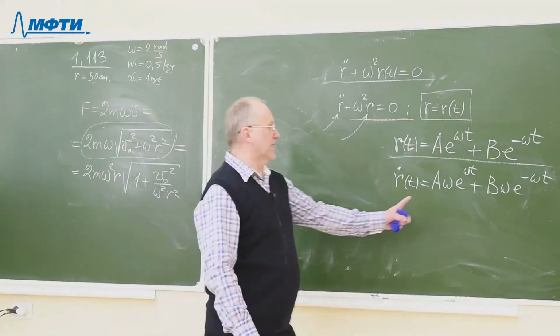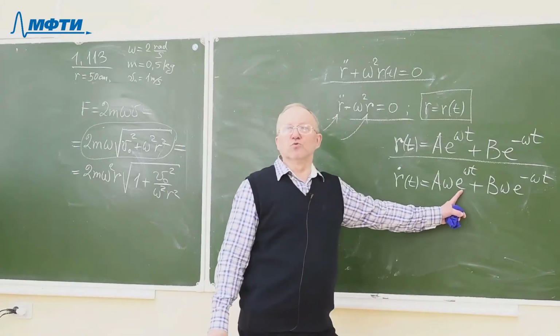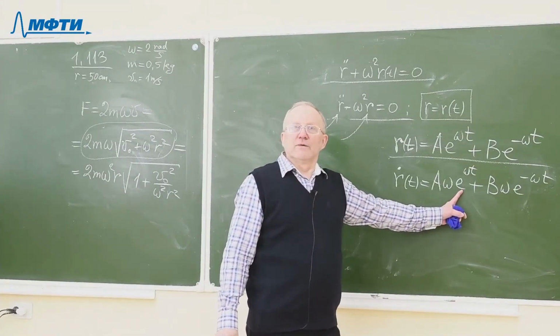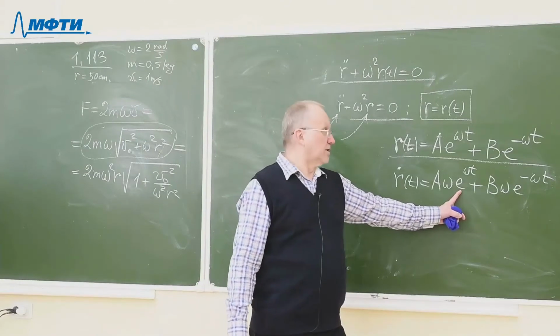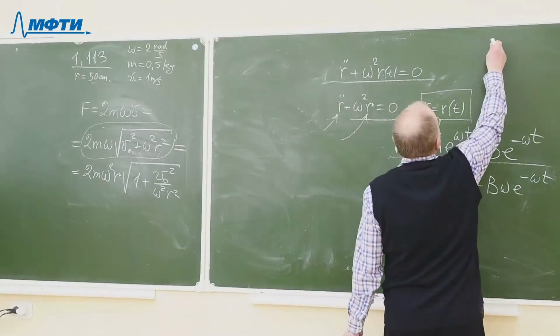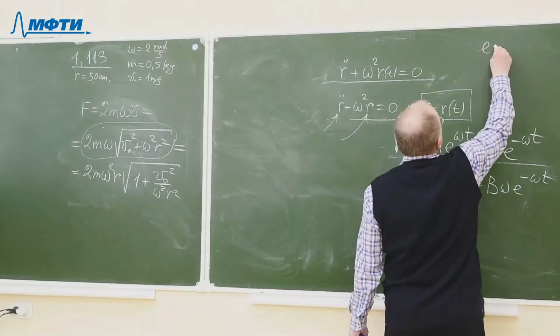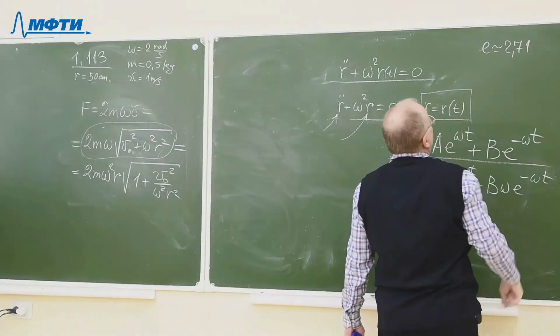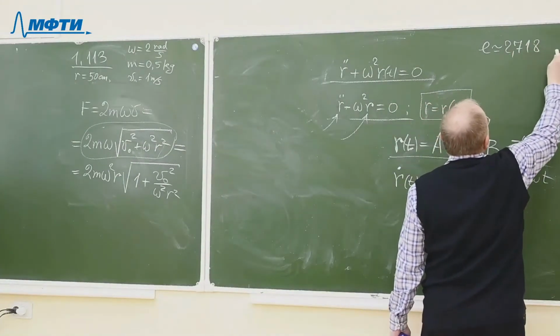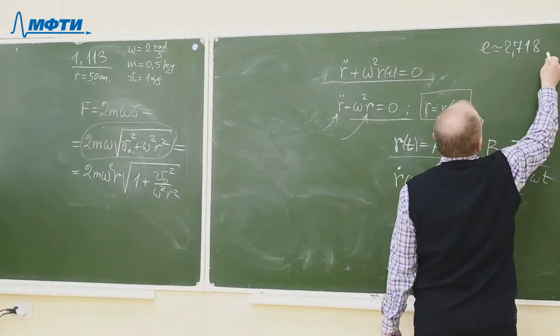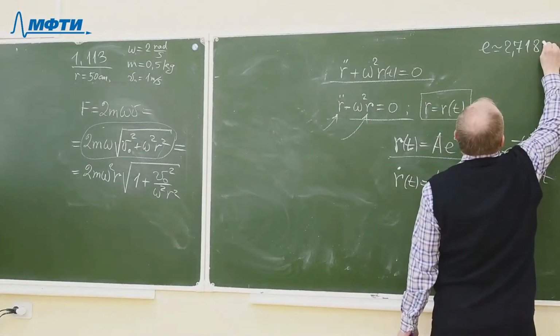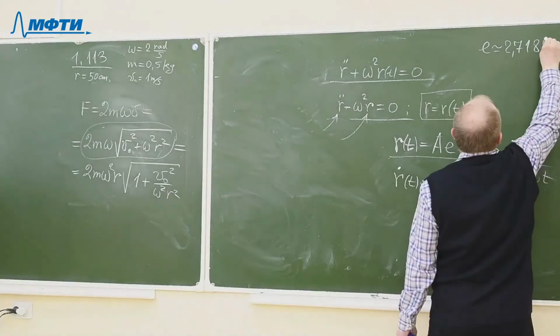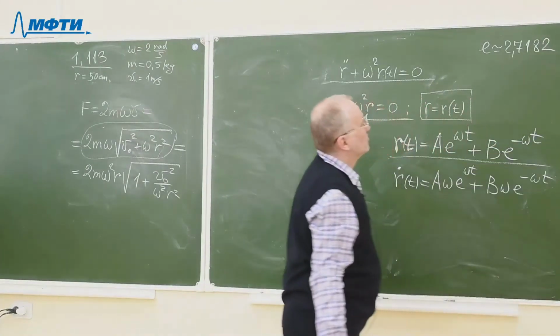By the way, do you know why the exponential function is so important in physics? What is e? e is approximately 2.718. I don't remember more, 2 something.